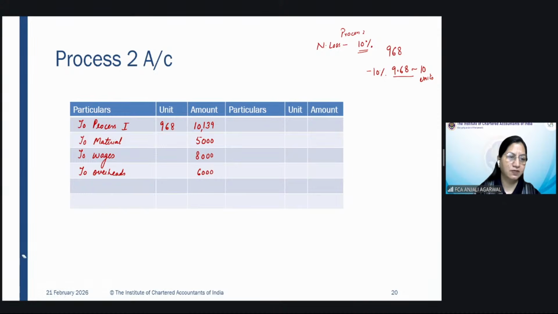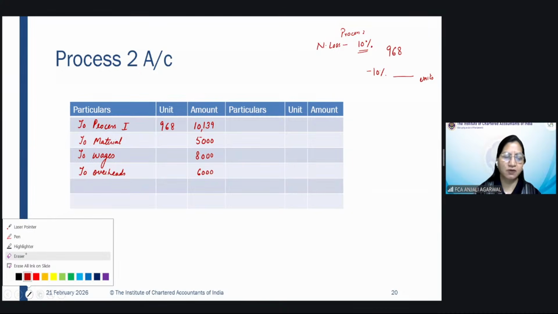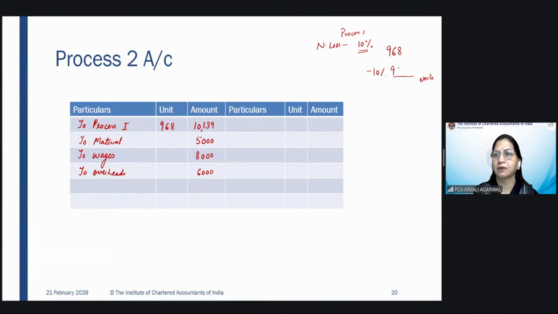So either a unit is lost or it is not lost, right? You cannot have 96.8 units as scrap. So I'll round it off to 97 units for practical purposes.